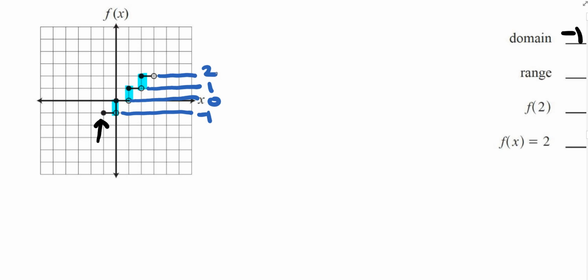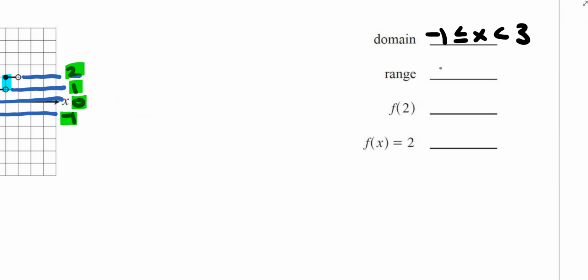Since you have all those gaps in between, you just look at the y values, and there's only 4 of them: -1, 0, 1, and +2. So that's your range right there.